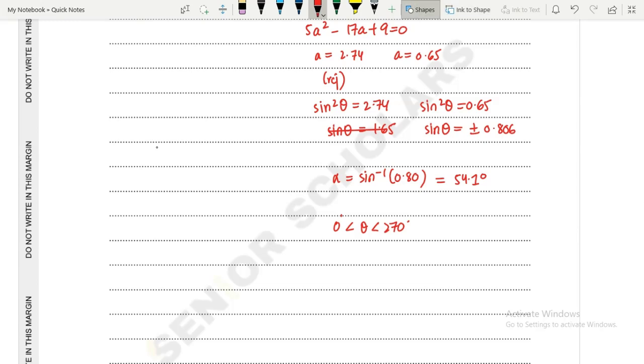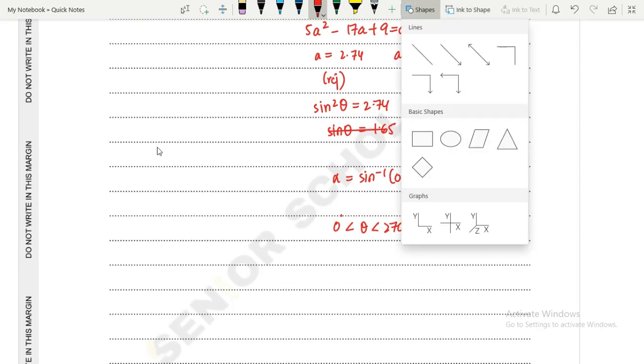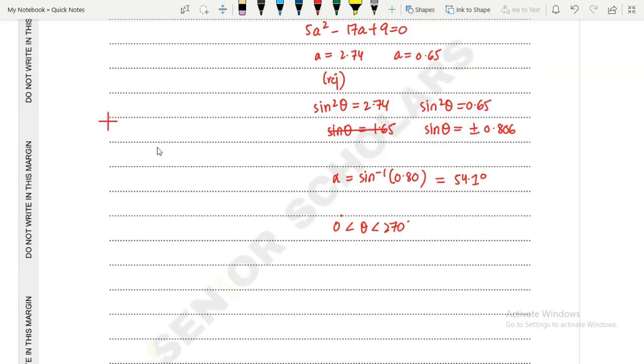So let me just take one of these graphs. If I draw a small graph here, I know that the sine is positive here, negative here, positive here, negative here, and we have the range still here.